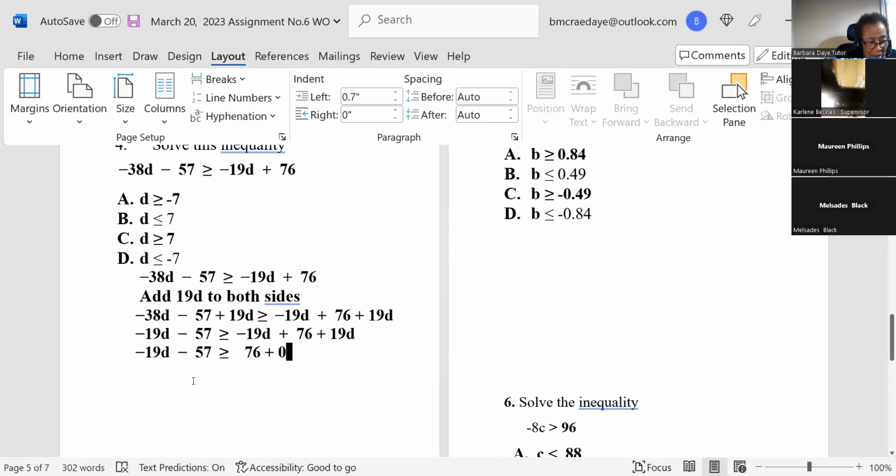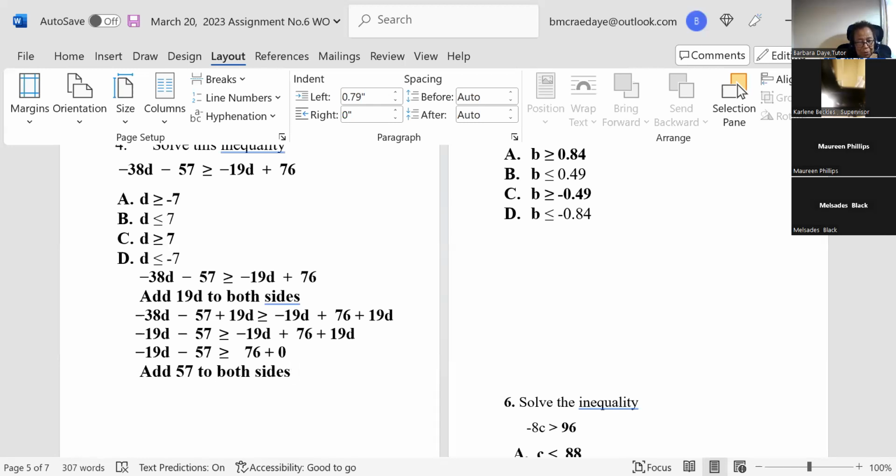You'd have to add the 57. If you leave this 57 on the same side as the 76, you have to add it. So that goes to 0, right? So you add 57 to both sides.